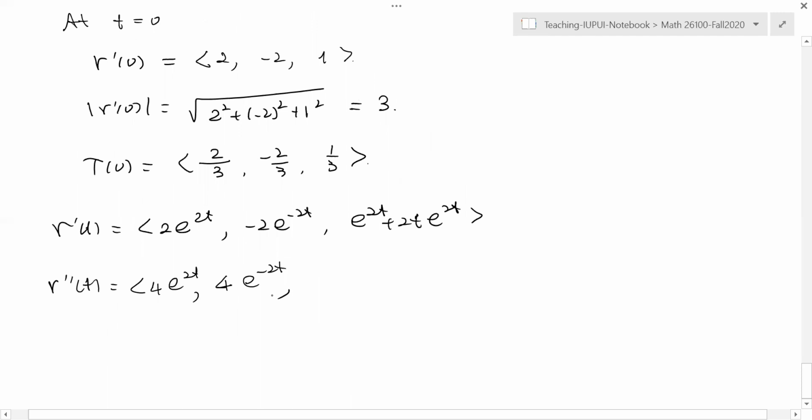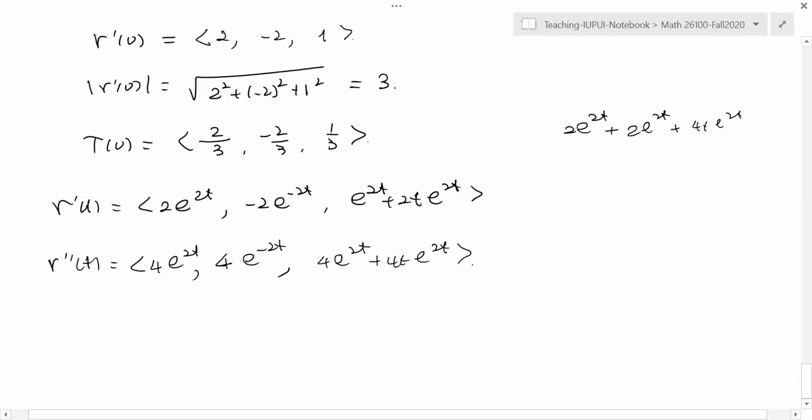This one is a little bit more complicated; I write e to the 2t here, then differentiate by the product rule, plus 4t e to the 2t. So actually I got 4e to the 2t plus 4t e to the 2t. So this is the second derivative.